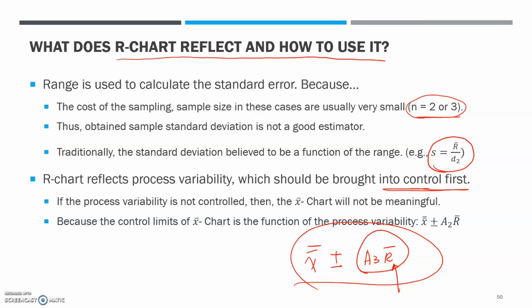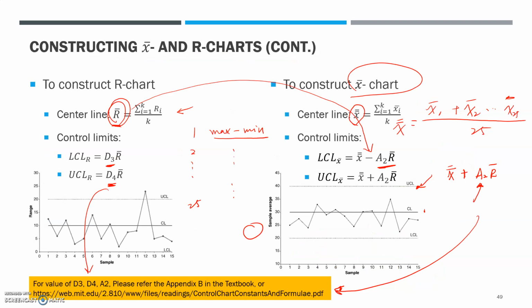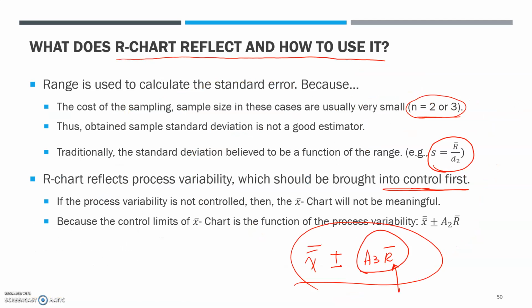The typical way of using the X bar and R chart, even though we call it the X bar and R chart, is to look at the R chart first, determine what is going on with this system, and then move on to the X bar chart. In other words, we have 2 aspects that we need to control.